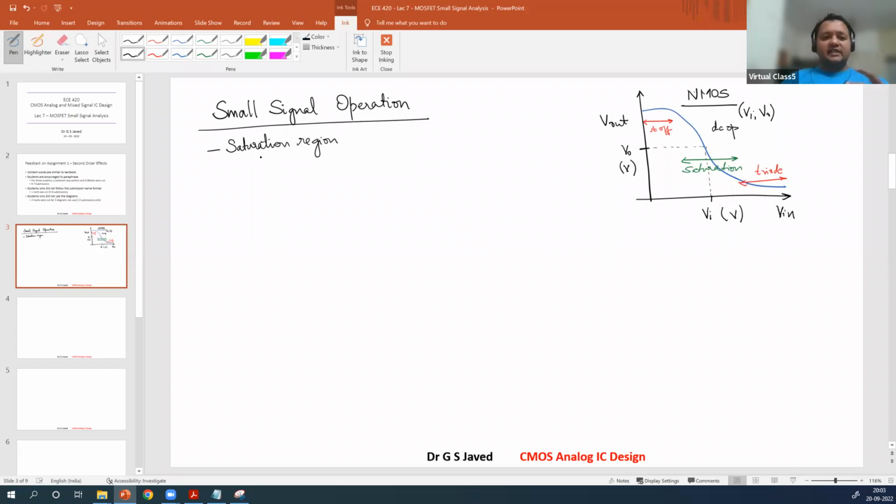Now, what do we understand when a system is in saturation? When the system is in saturation, the first thing you understand is what is the drain current. Now let us pay attention to the notation. When you are talking about the current, small i with capital letter informs.